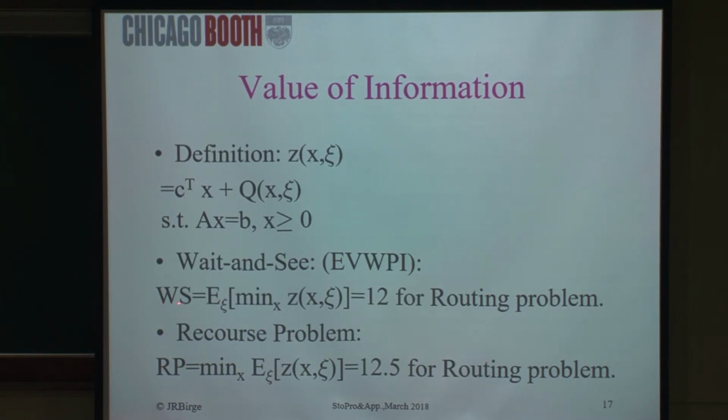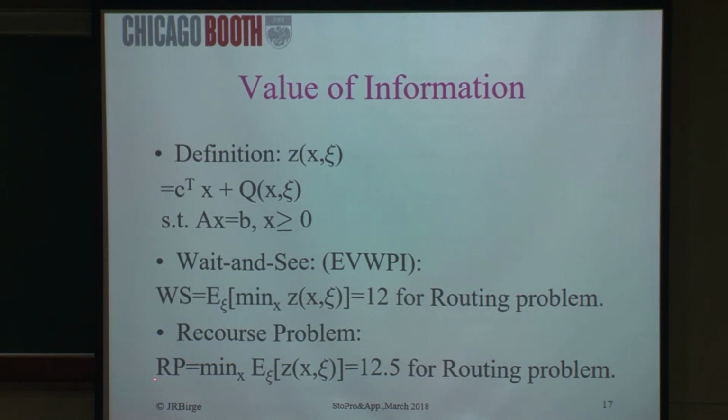So this is where I get to see the demand before I make my decision. So I've observed the demand and then I make my decision X. So I'm minimizing over X given that I already see what that demand is. If I take the expectation over that, in this routing problem, that gives me a value of 12.